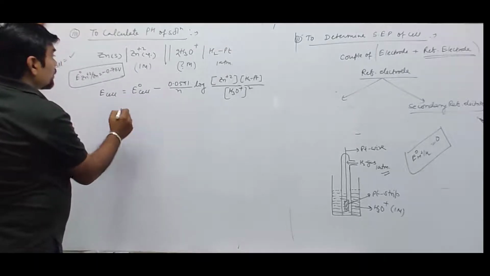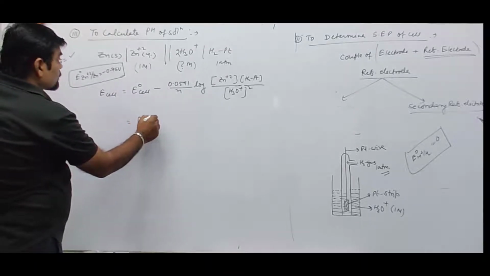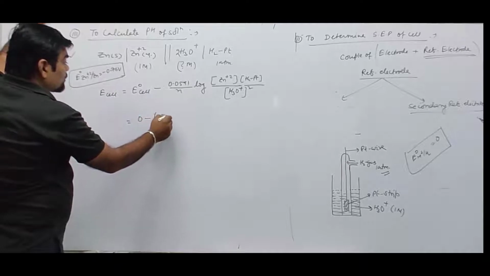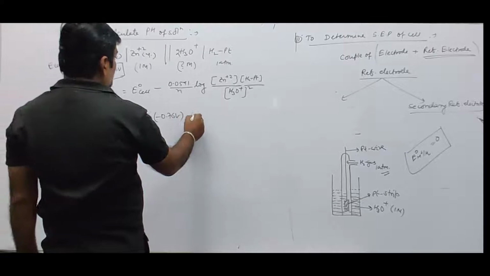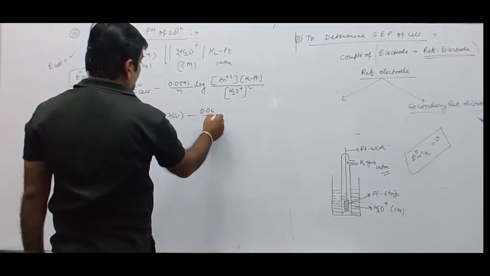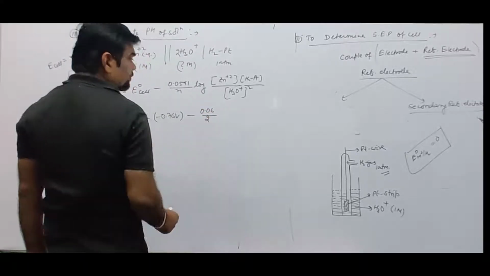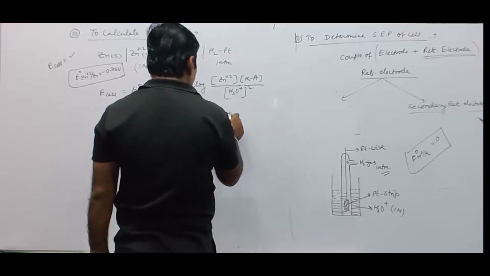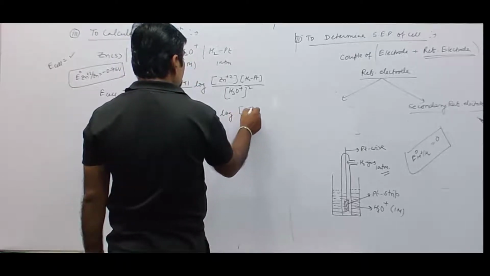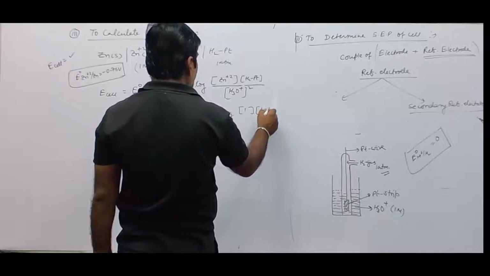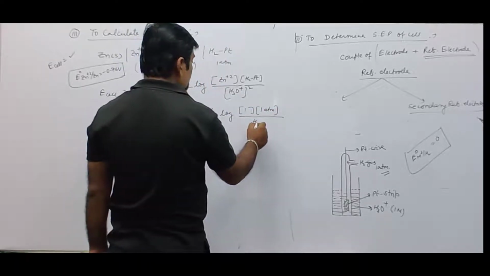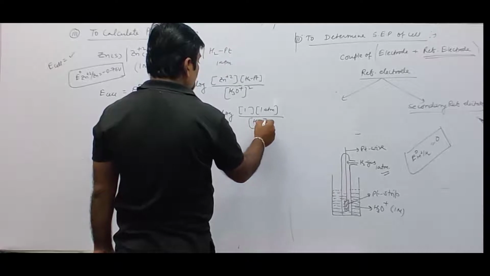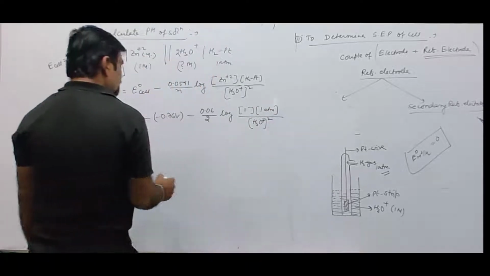So what we do? This is equal to E naught of cathode, 0, minus E naught of anode, minus 0.76 volt, minus 0.06 by n, where n value is 2, log base 10 of molar concentration 1 molar into 1 atm divided by H3O+ concentration, which is unknown.